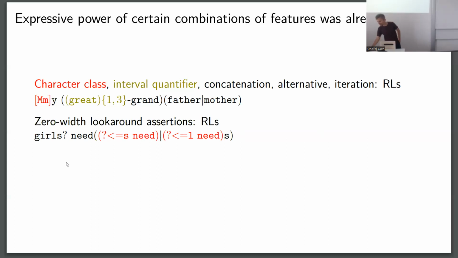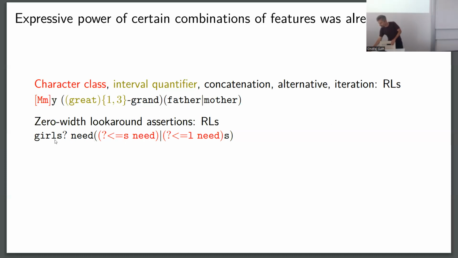So if I examine this example, this question mark means the S before is optional. It can be there or not, it doesn't matter. So it says girls need, and after this D in the input, we use this lookbehind. Lookbehind means that from the current position, we go back and see if there is a space and need before this position.